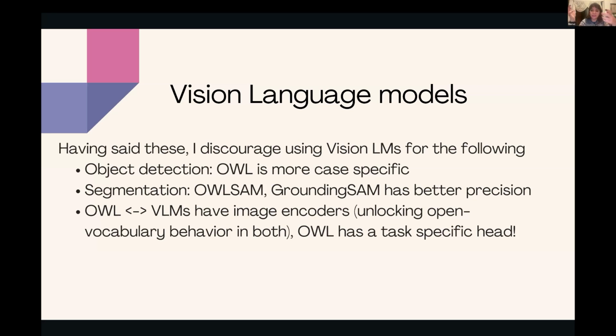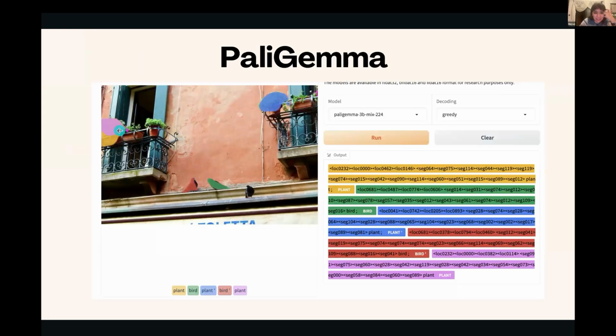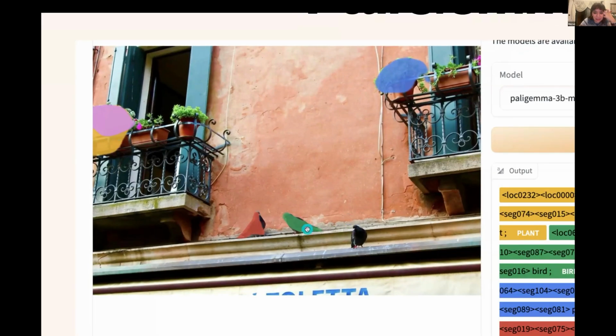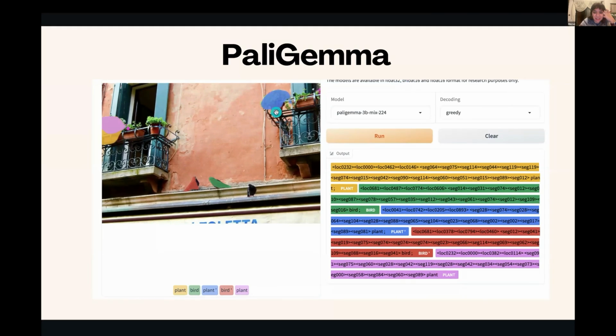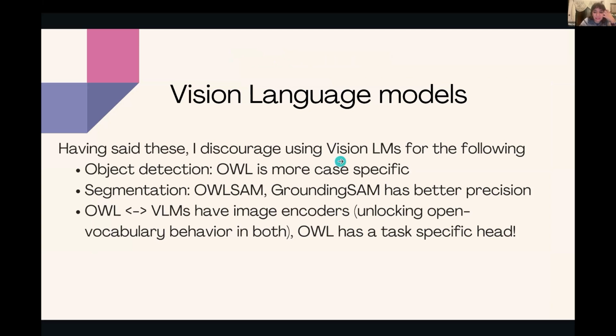Meanwhile, zero-shot object detection models are more task-specific, thus they perform better. So I highly suggest not using it. And also, if you can see here, it's not really decoding well. These masks aren't super precise, to my observation. So I would definitely use something like OWL-SAM or Grounding SAM just to be sure.